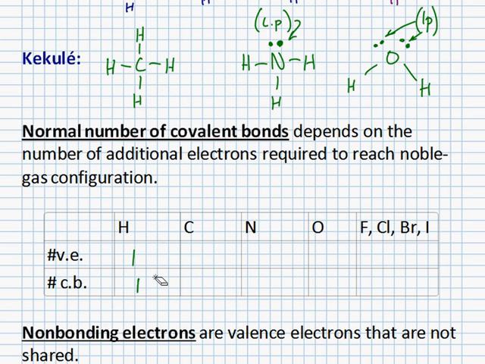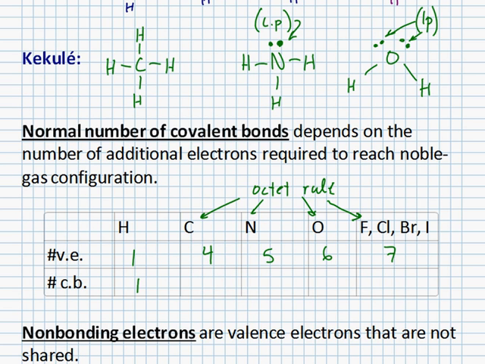Hydrogen will never have any lone pairs on it because there's no room for them. All hydrogen has is that first shell that can only hold 2 electrons. So if it has 1 of its own and it gets 1 from another element, then that's about it. So carbon has 4 valence electrons, nitrogen 5, oxygen 6. All these halogens have 7, right? So again, let's use the octet rule for carbon, nitrogen, oxygen, and at least for fluorine.